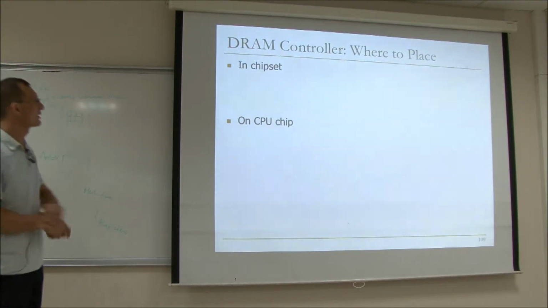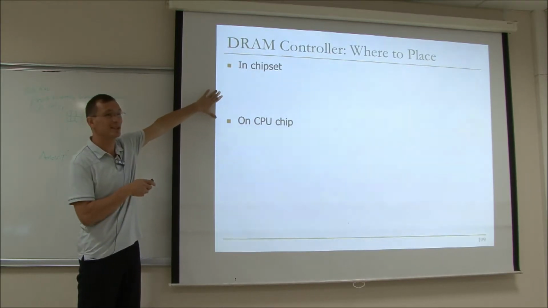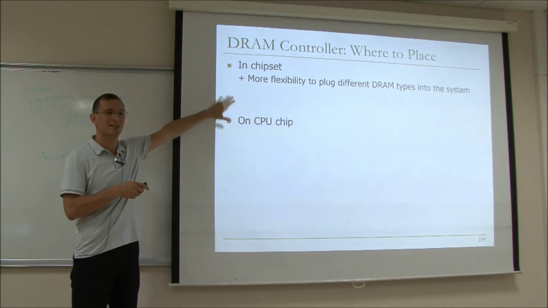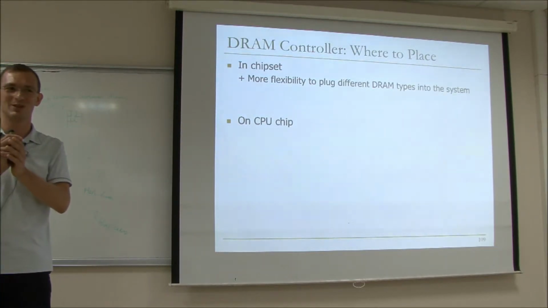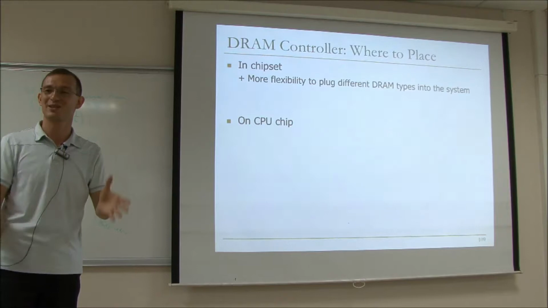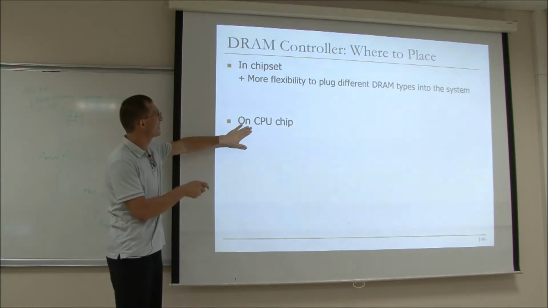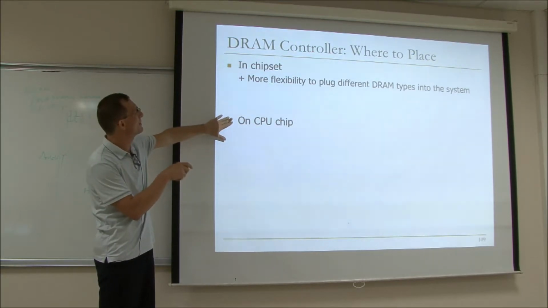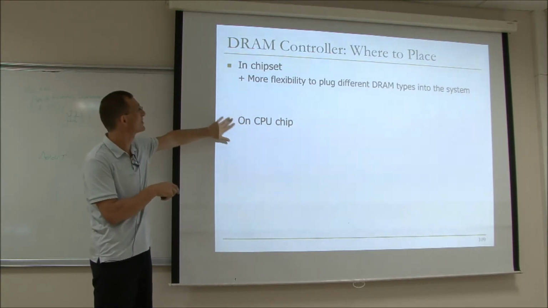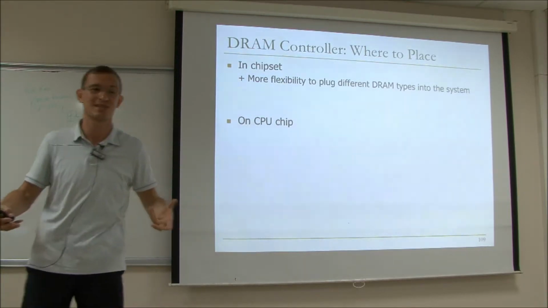One issue, this is actually probably an old issue: where do you place the DRAM controller? Traditionally, it's been in the chipset, basically separate from the processor. But as we've discussed when we talked about multi-core, the core actually consumes a lot of the system components, and that's why today many of the DRAM controllers are on the CPU chip. But you give up something by putting the DRAM controller on the CPU chip. Basically, in the chipset, you get more flexibility to plug different DRAM types into the system, right?